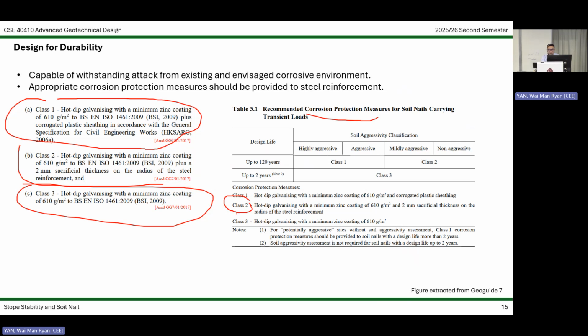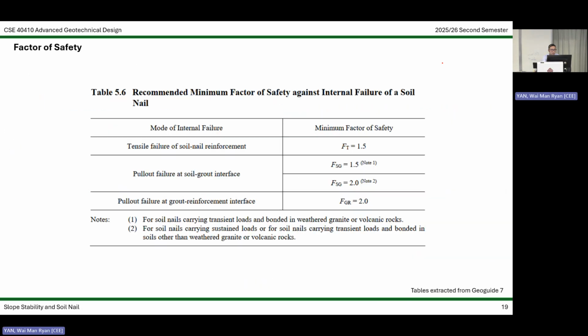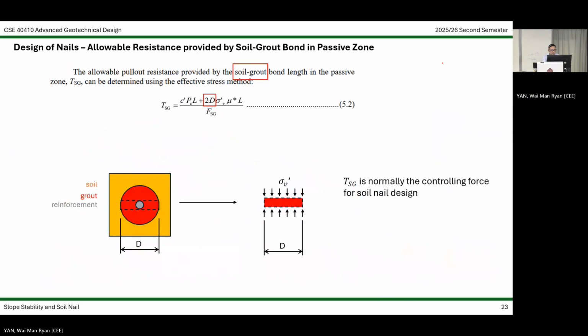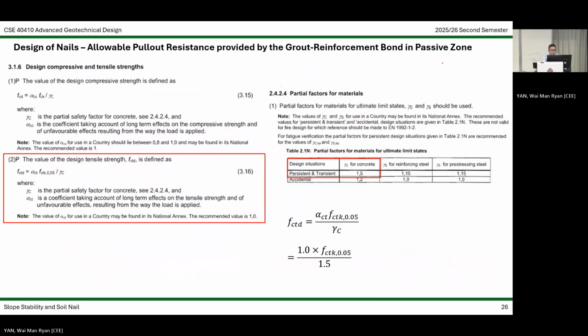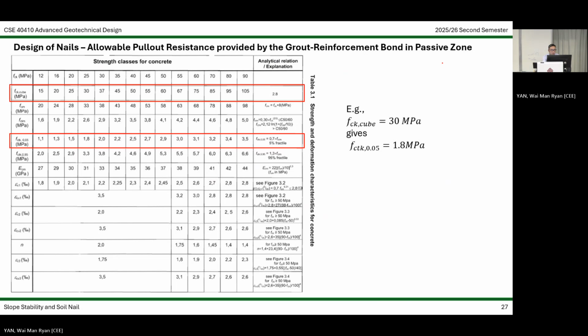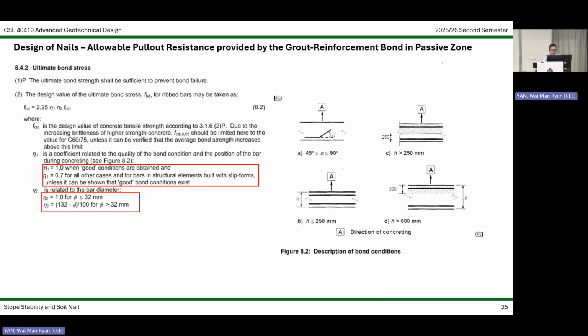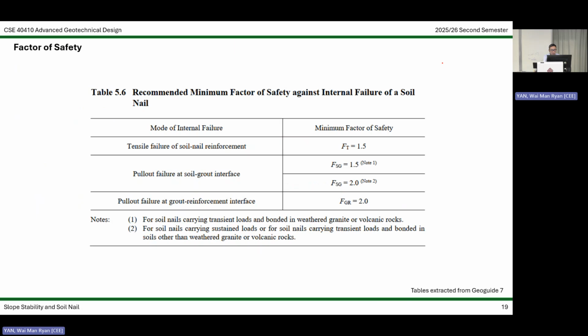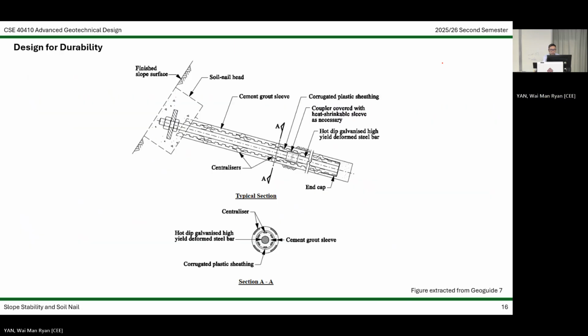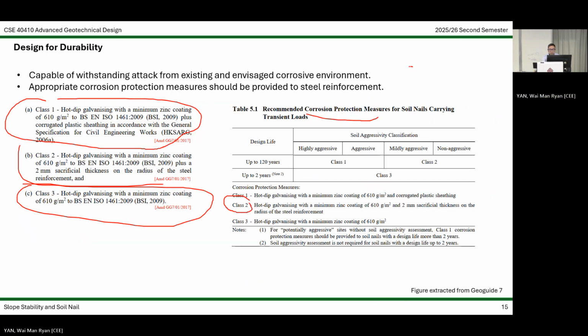Let me highlight Class 2 because it will affect the calculation. If you consider this Class 2 case, I'll say a number which is typical. For example, I use a steel reinforcement diameter of 32 millimeter.